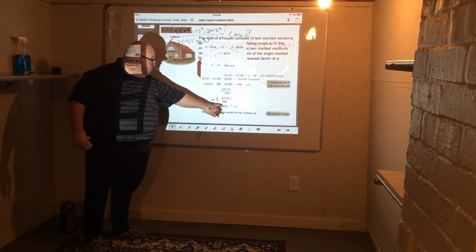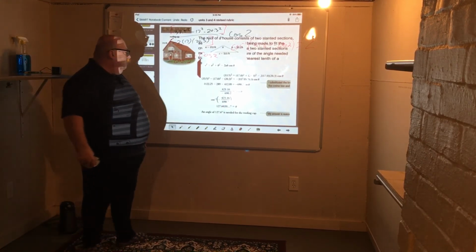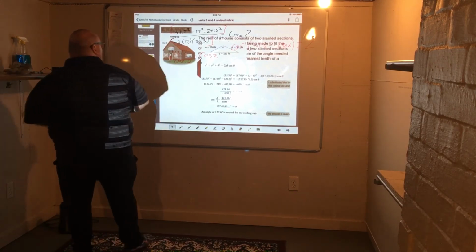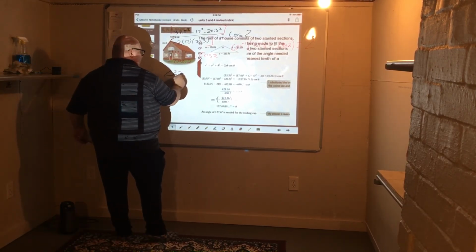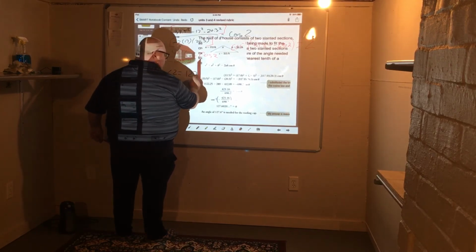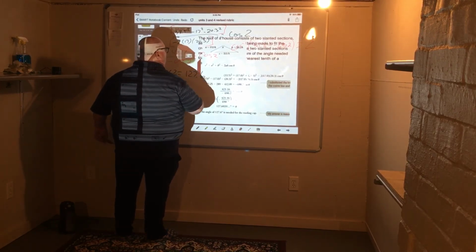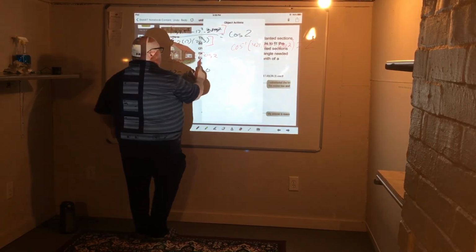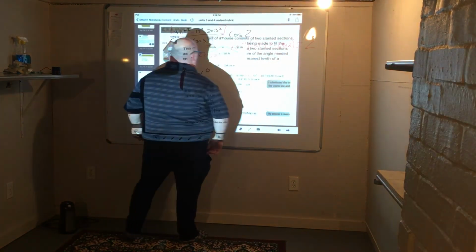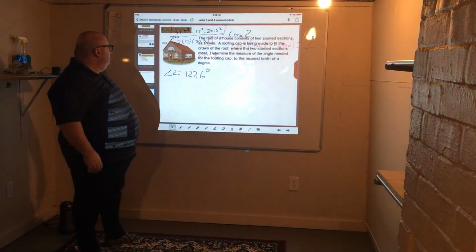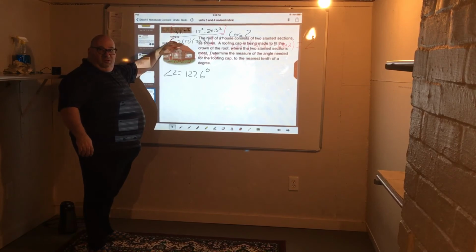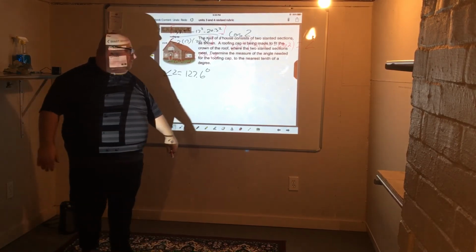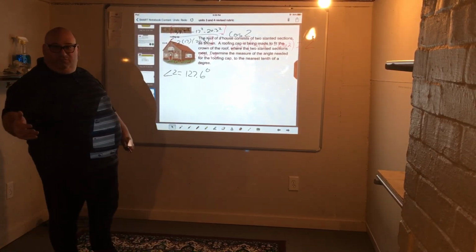We get 127.6039. So angle z is equal to 127.6 degrees. All right. 127.6 degrees is this angle in here, our roof cap, yeah? Right. Okay. So that's using the law of cos.